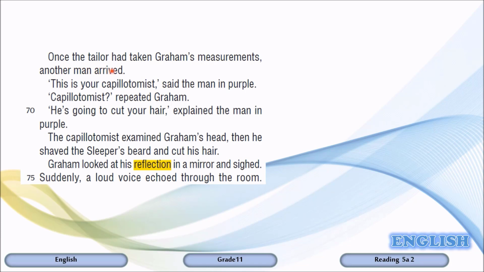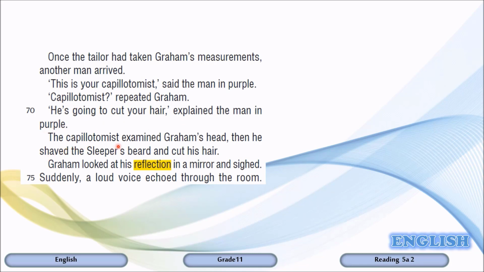Once the tailor had taken Graham's measurements, another man arrived. Who's he? Do you remember? This is your capillotomist, said the man in purple. What is he going to do? The capillotomist, repeated Graham. He's going to cut your hair, explained the man in purple.